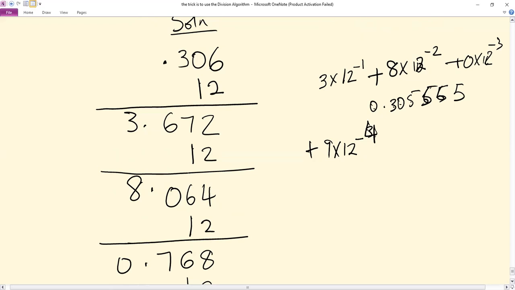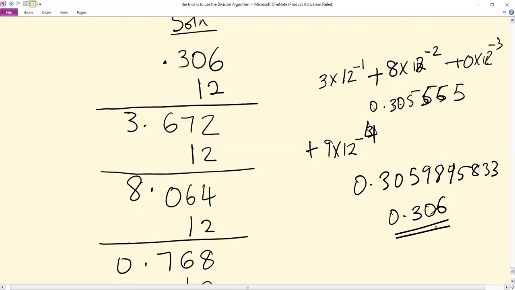That will give us 0.30598595833. So you see, when you round off this one to 3 decimal places, it will be 0.306, which is the same as the value that you had.